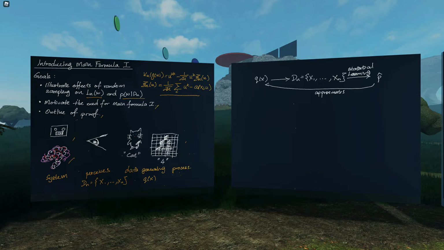Our way of doing this is, again, via a parameterized model. This process is factored into two steps: we have a model with a prior.